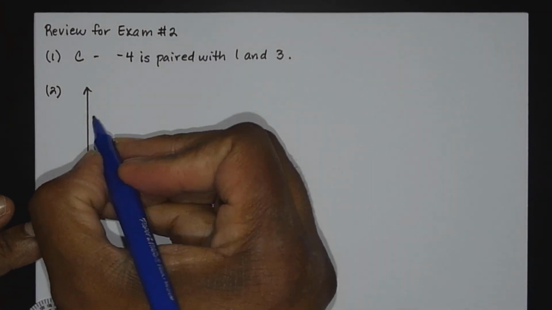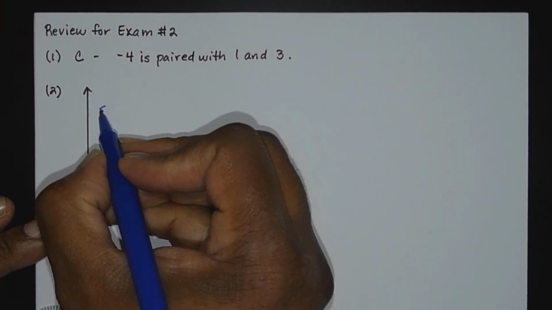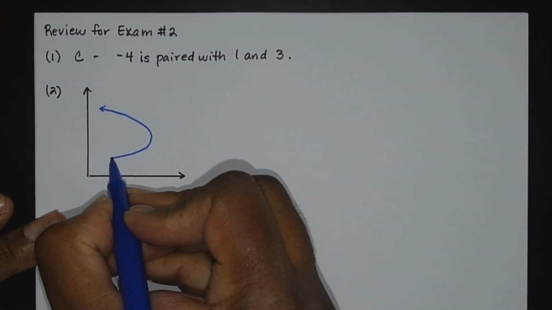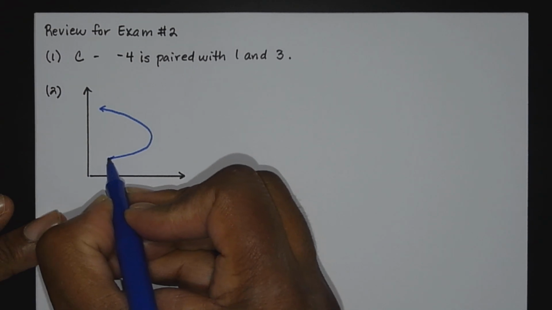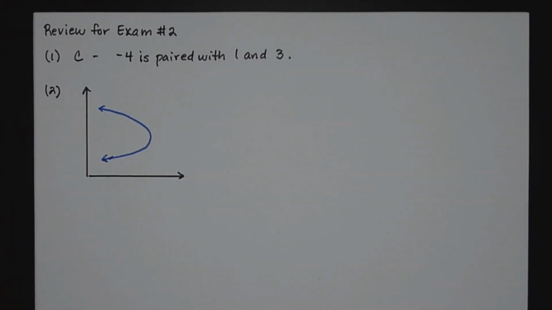So let's say we had a graph that looks like this, and I want to determine if this graph represents a function using the vertical line test, as indicated in the directions.